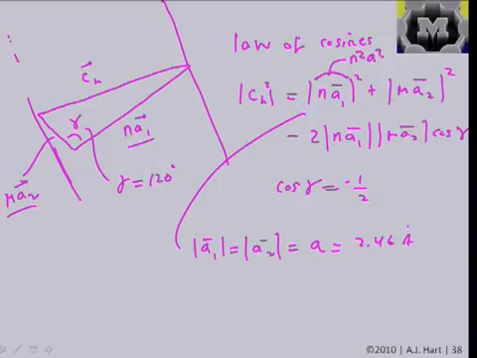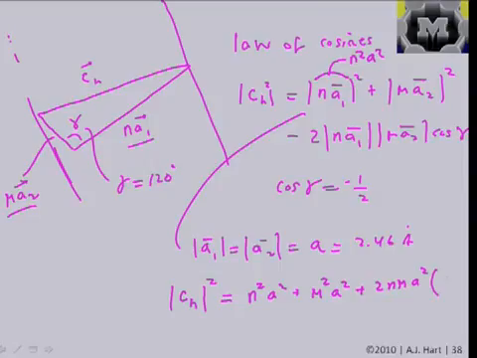Here you would have m squared A squared, and you would have similar things here with the cosine, and we would get a final answer that the length of the circumferential vector squared is n squared A squared plus m squared A squared plus 2 n m A squared times 1/2, because I canceled the negative signs.